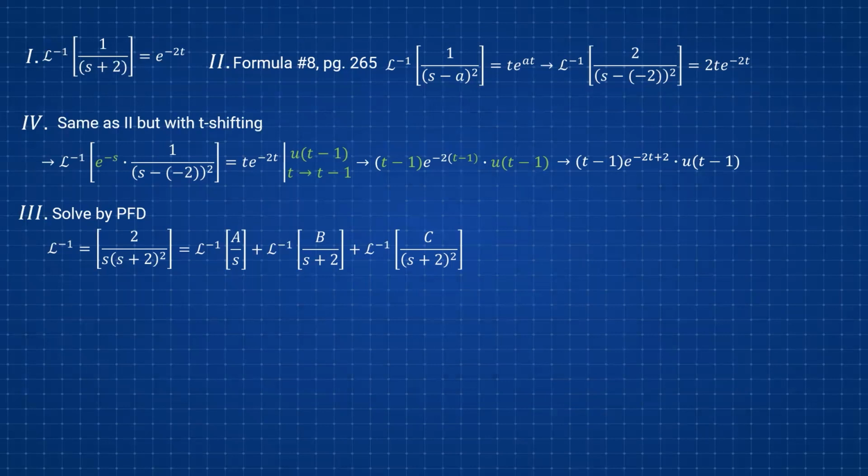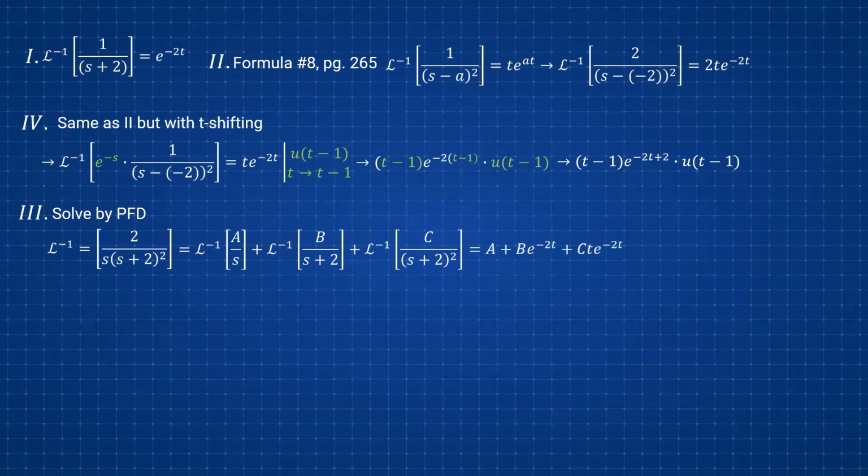But if you want to avoid getting confused, you can always just FOIL the s plus 2 squared. You want to get the original expression s squared plus 4s plus 4, and then you will have a over s plus bs plus c over s squared plus 4s plus 4, and you still end up with your three terms a, b, and c in a way. So either method that you can do is valid. In this case, I opted for this method in PFDs.